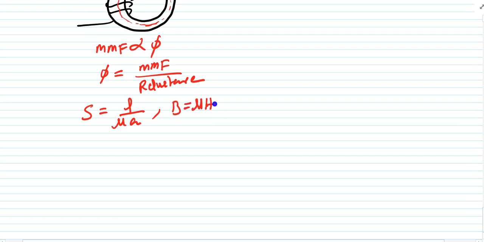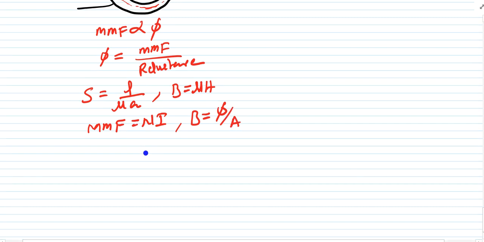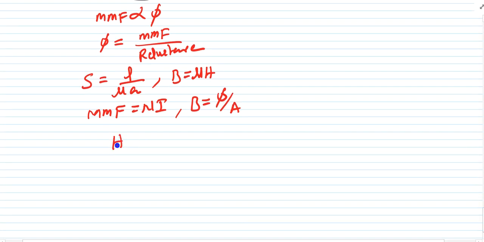Just to bring some kind of analysis here, MMF is N into the number of turns into current. Then B, if you want, is phi by A. So these are some different relations we have. You can write H is equal to MMF by the length of the core.